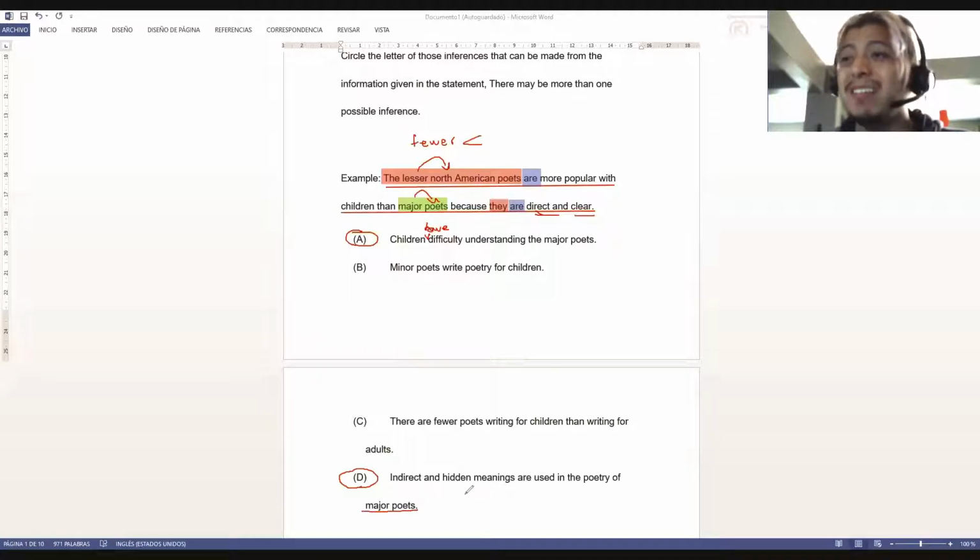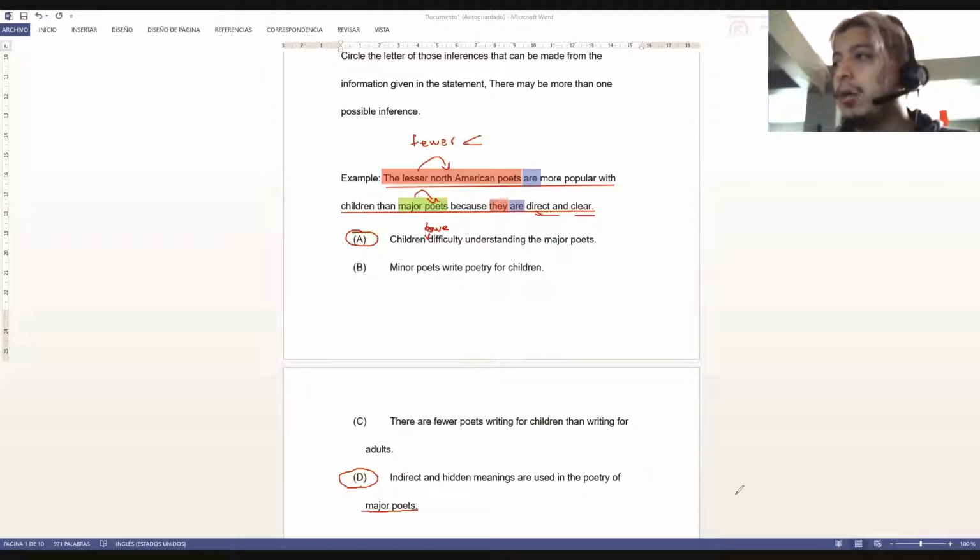They have hidden messages, hidden meanings, and indirect meanings. So we can infer that children have difficulty understanding the major poets, and we can infer that indirect and hidden meanings are used in the poetry of major poets. We cannot infer this too.